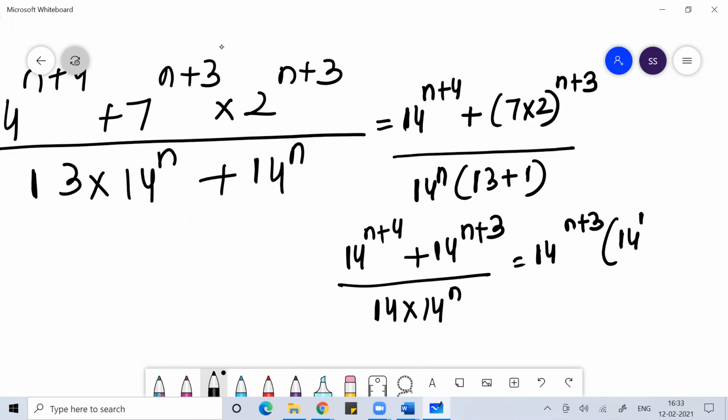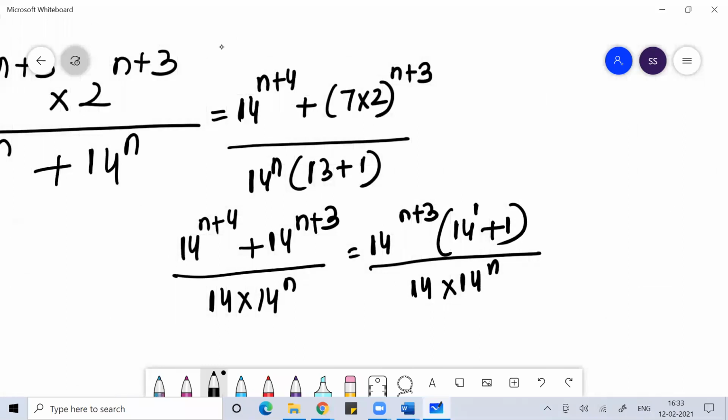You know that a to the power b into a to the power c is a to the power b plus c, and then this is 1 divided by 14 into 14 to the power n. So this I can write as 15 into 14 to the power n plus 3 divided by 14 into 14 to the power n.